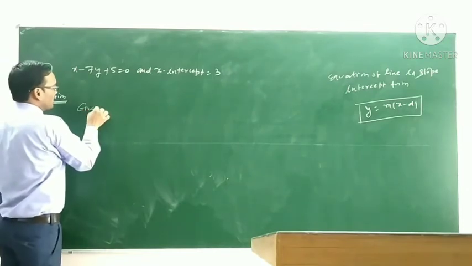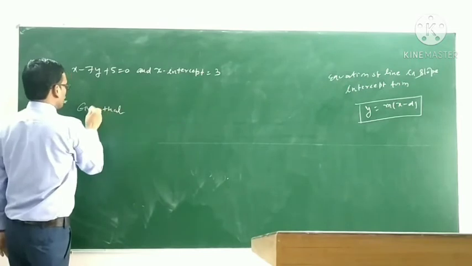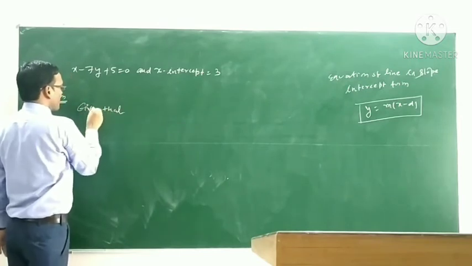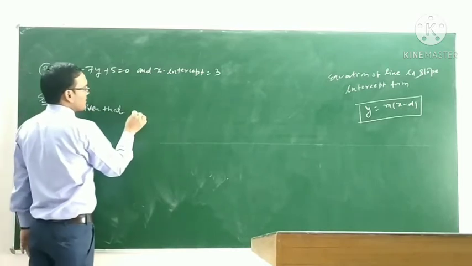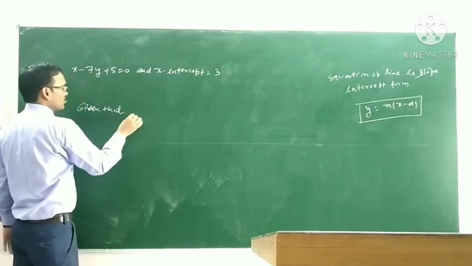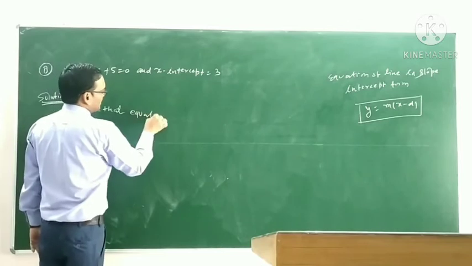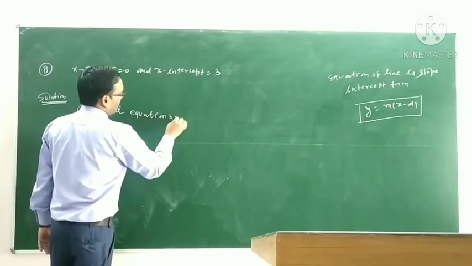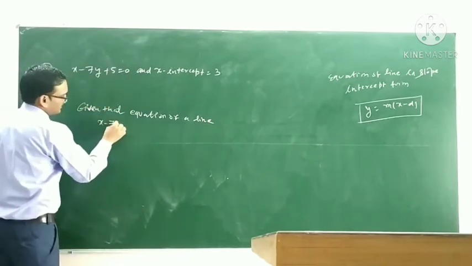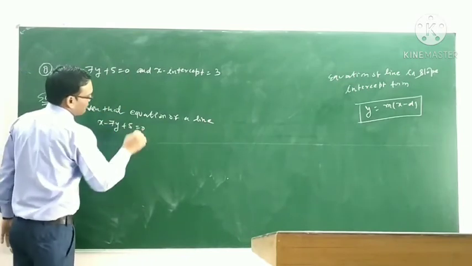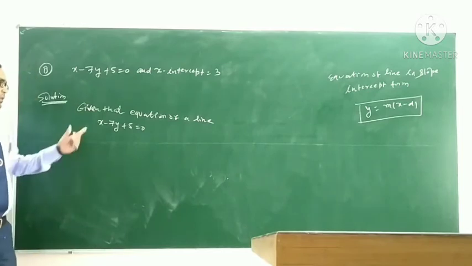Given the equation of a line x minus 7y plus 5 equal to 0, we find the slope of this line.